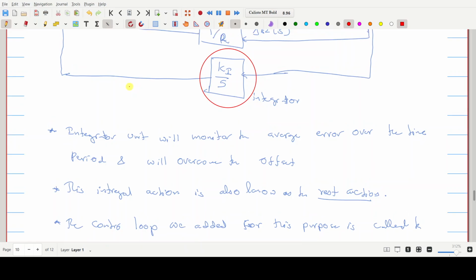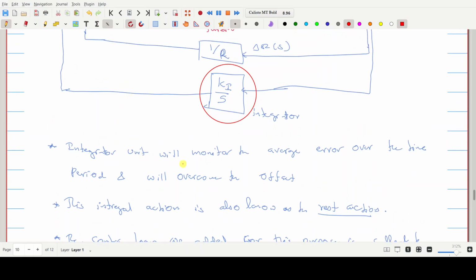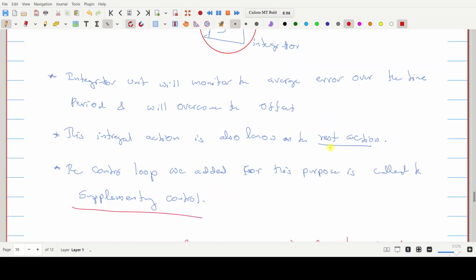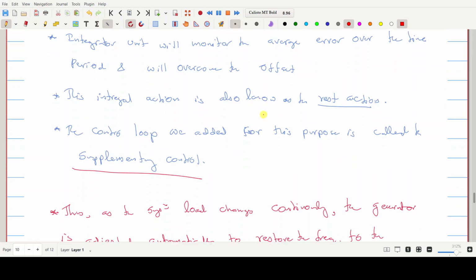Okay, so what will happen here is this integrator unit will monitor the average error over time, and then it will try to overcome the offset. This integrator action is also known as the reset action, because it brings the speed back to the nominal speed, overcoming this offset issue, right?